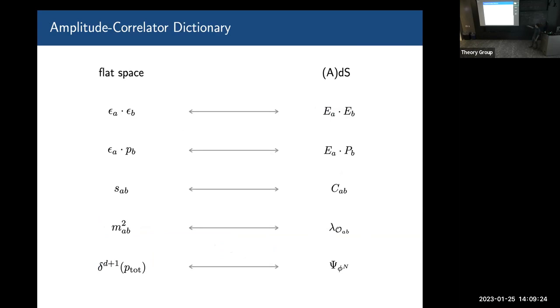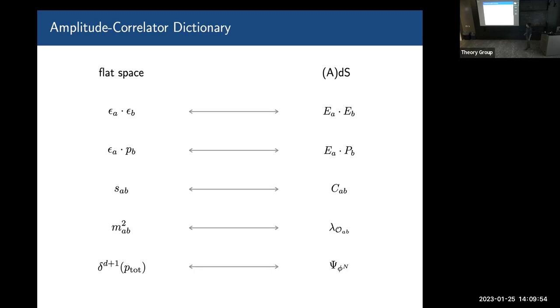The nice thing about these differential operators is that even though they're originally constructed in embedding space, it's pretty straightforward to project onto this specific section of the light cone on the boundary of dS and AdS. And then if you want, you can also Fourier transform these operators so that they can be used in momentum space calculations. So this differential formalism provides a nice way of connecting these various correlation functions living in different spaces.